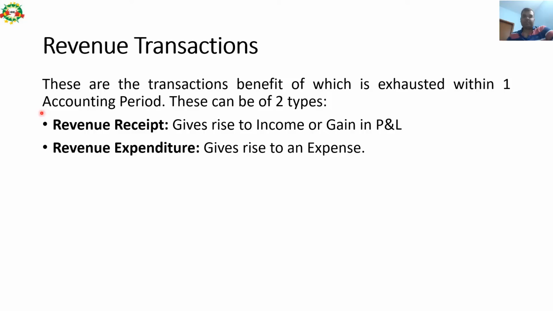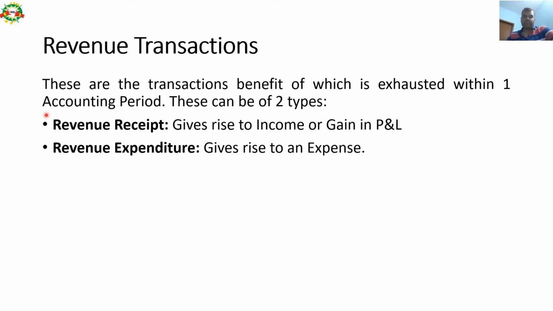Revenue transactions are the transactions the benefit of which is exhausted within one accounting period. So in case of capital, the benefit was expected beyond one accounting year. However, in case of revenue transactions, the benefit is expected within one accounting period.